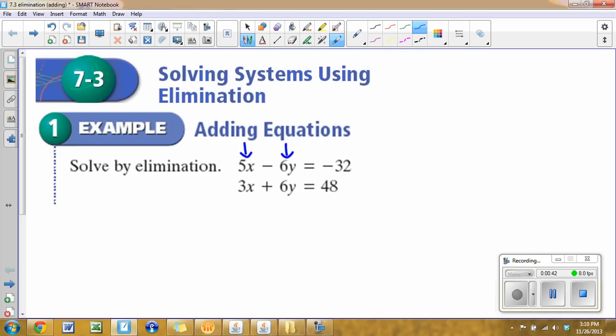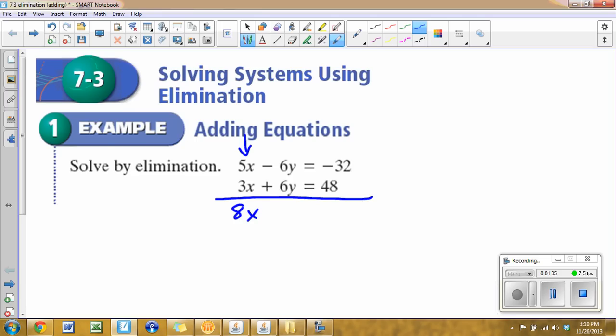In this case, I'm going to notice that my y's, I have a negative 6y and a positive 6y. So they're opposites. If they're opposites of each other, then I'm going to be able to eliminate them a lot easier. So I'm going to take my two equations and add them together. I'm going to add my x's together: 5x plus 3x is 8x.